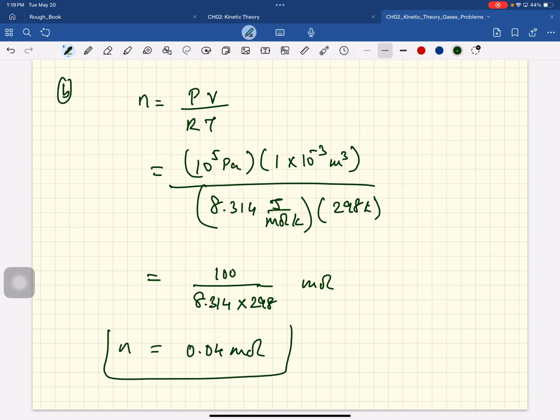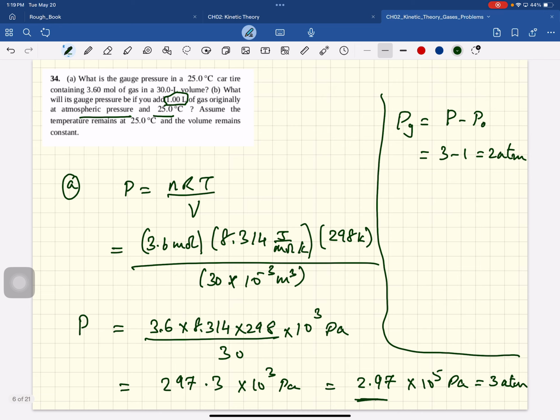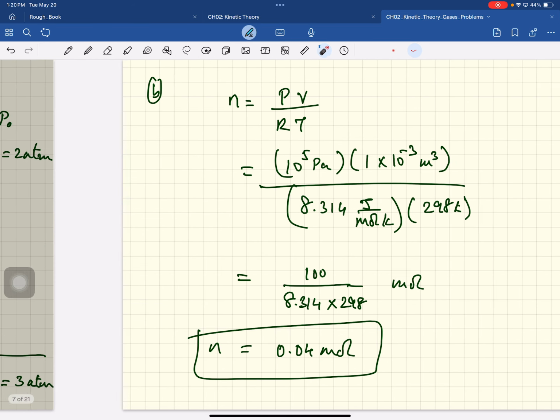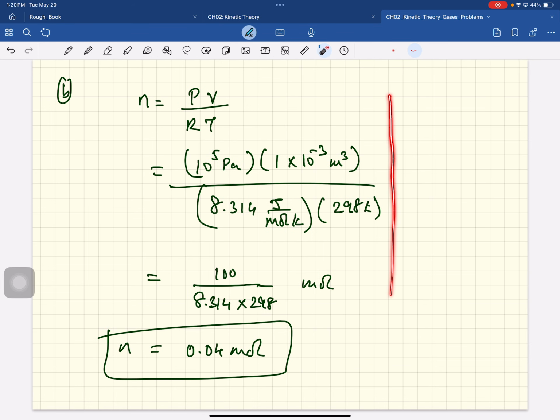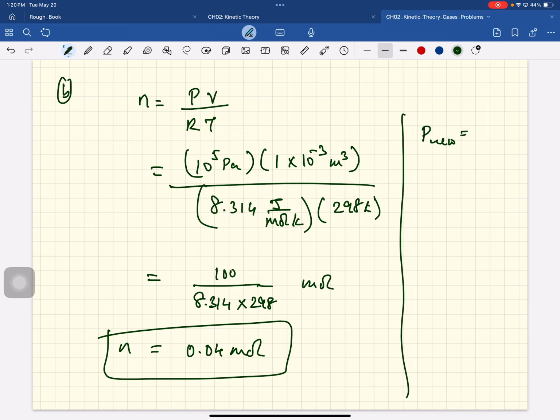So when you added 1 liter of air at normal pressure, you added 0.04 moles of gas. Okay? And so you increase the number of moles from 3.6 to 3.64. The pressure increased by that factor. Okay? So the new pressure is 3.64 divided by 3.60 times 3 atmospheres.